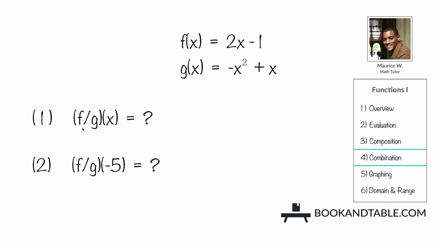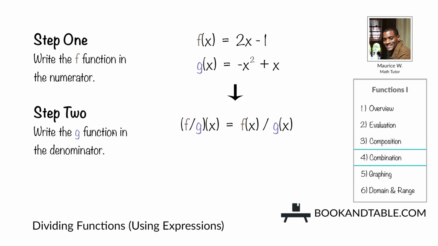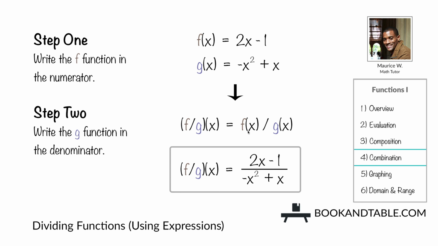So beginning with f divided by g of x, step 1, write the f function in the numerator. Since f divided by g of x is equal to the f function divided by the g function, we want to write the f function in the numerator. And then step 2, write the g function in the denominator. And since we have two terms in the denominator, we'll stop here.